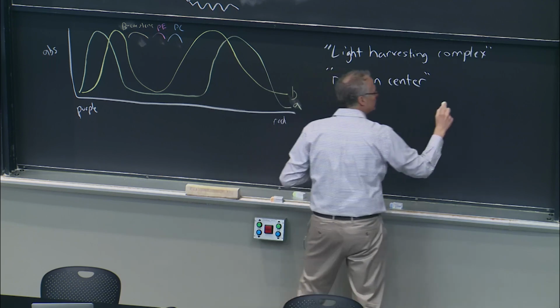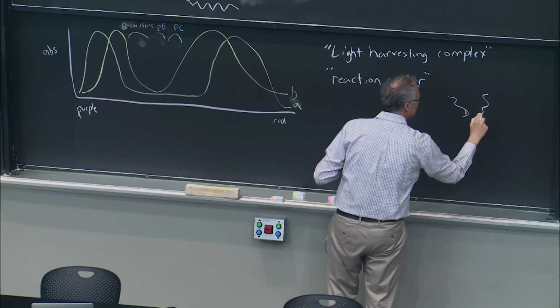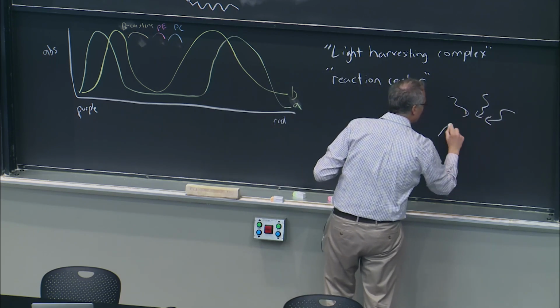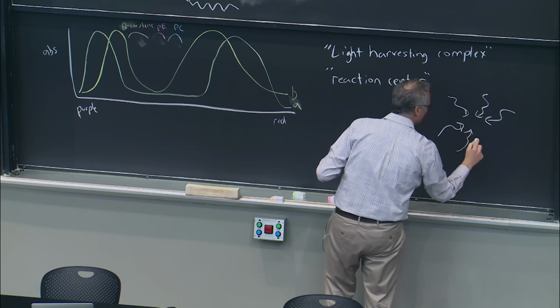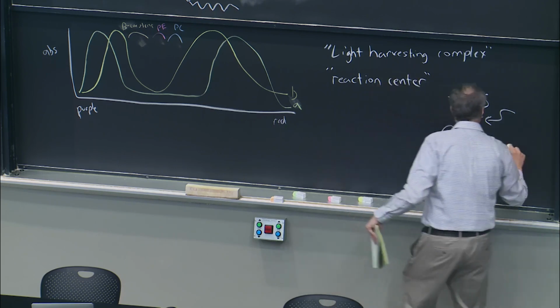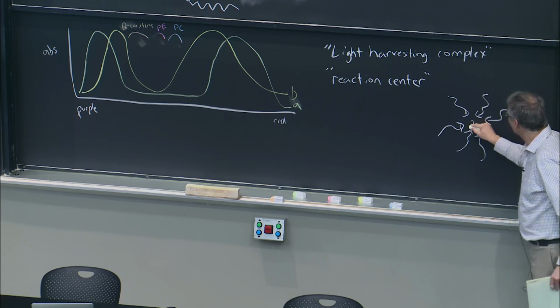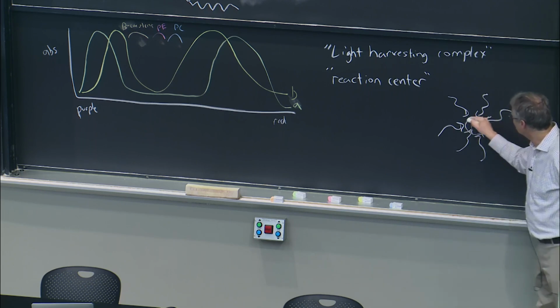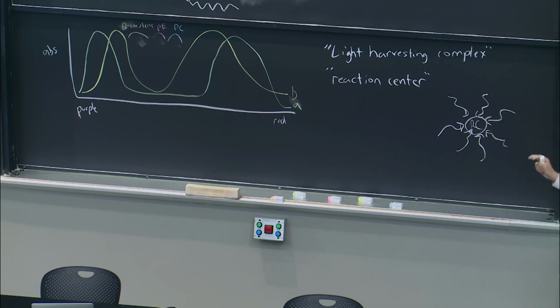Okay, so you can imagine that you'd have all kinds of pigments arranged in a way that will absorb photons, release photons as fluorescence, ultimately going down to this reaction center. And it's in the reaction center that really the magic of photosynthesis happens.